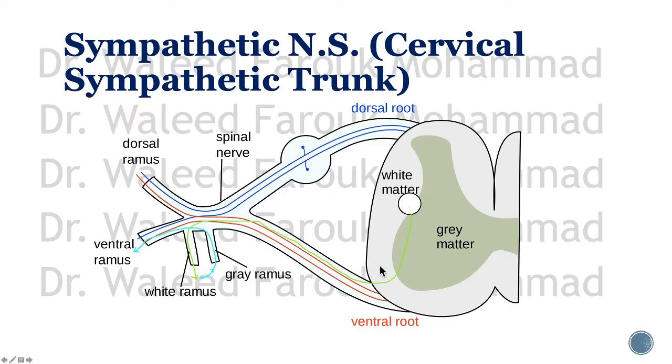Remember the story of the white ramus communicans and the gray ramus communicans. So you expect that the sympathetic chain, all over its length, gives off gray rami communicantes to all spinal nerves, but only in the thoracic and upper two lumbar levels does it give off white rami communicantes.